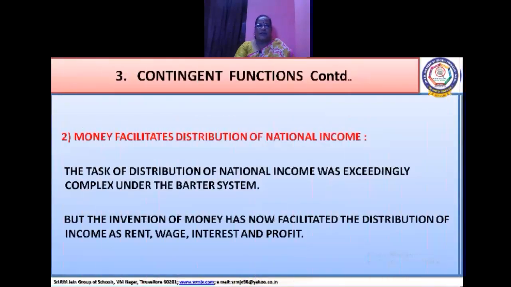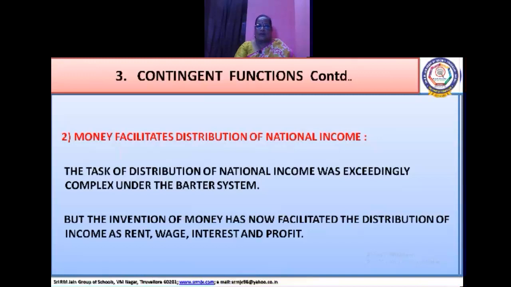Number two, under contingent functions: money facilitates distribution of national income. The task of distribution of national income was exceedingly complex under the barter system, but the invention of money has now facilitated the distribution of income as rent, wage, interest, and profit.